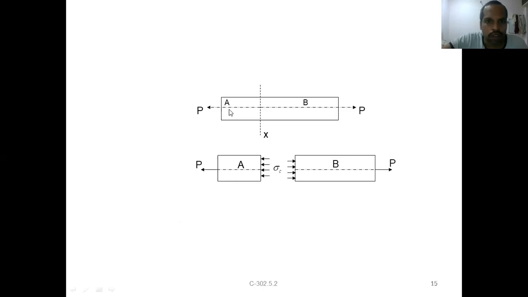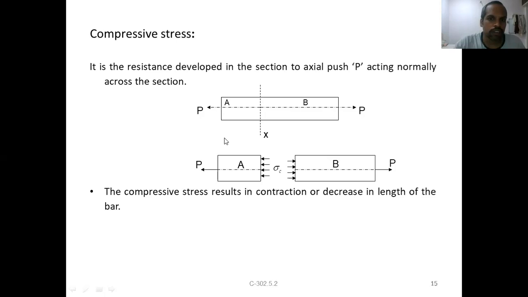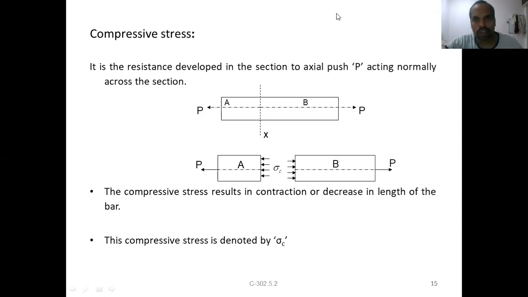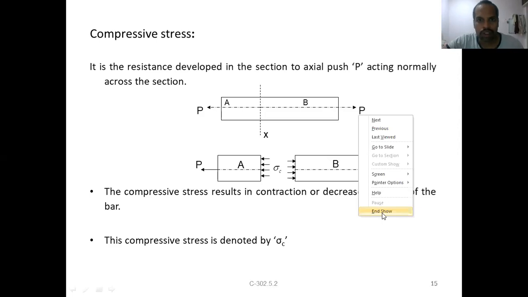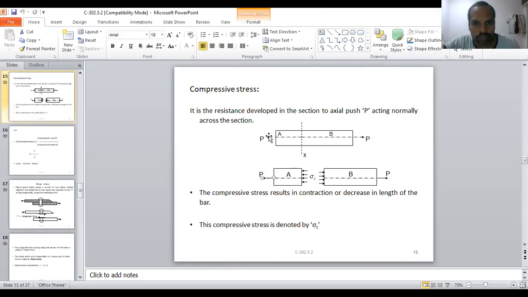See this one. There is something wrong in the diagram. Can you observe it? Just observe it.